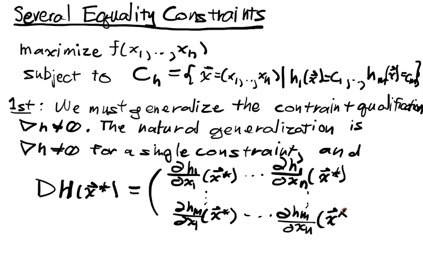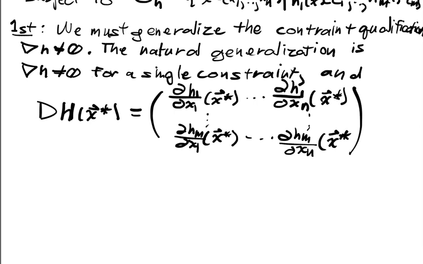So we form this Jacobian, and we evaluate it at the critical point.